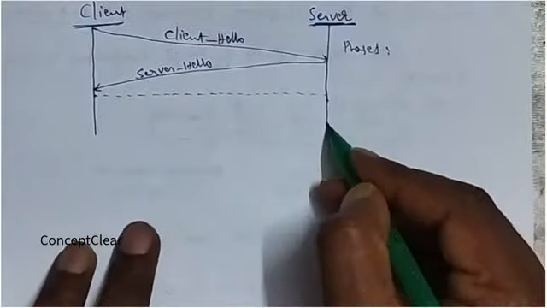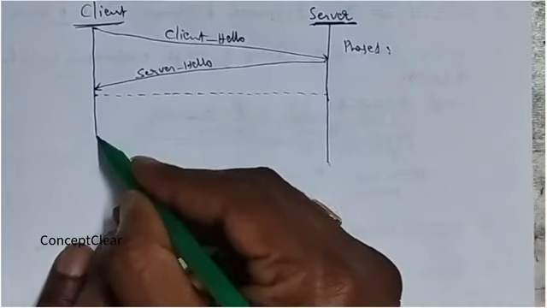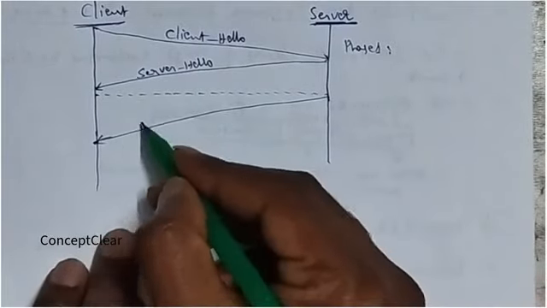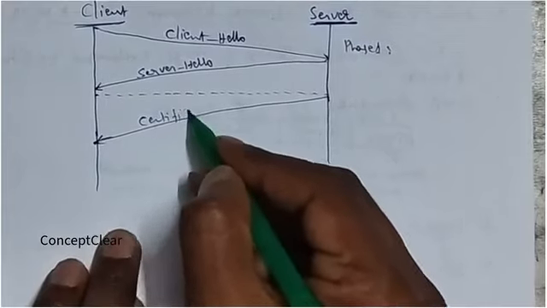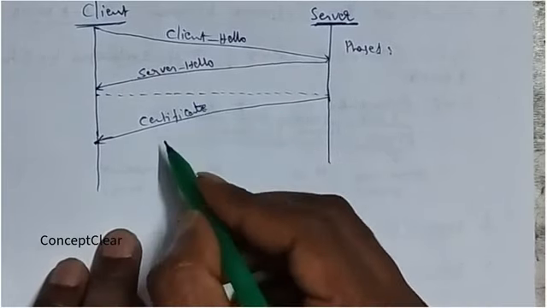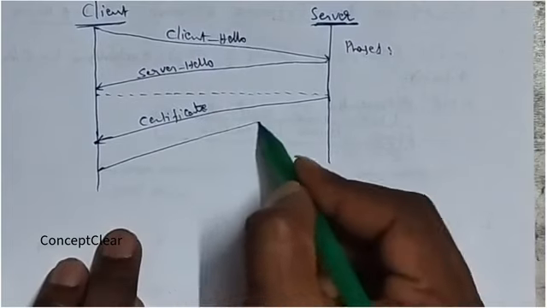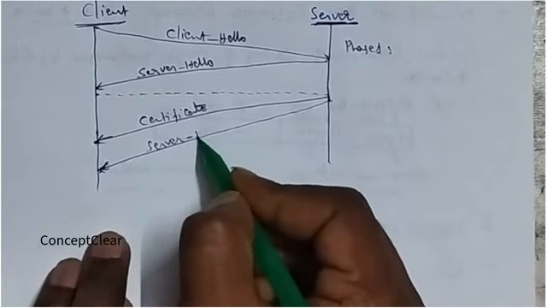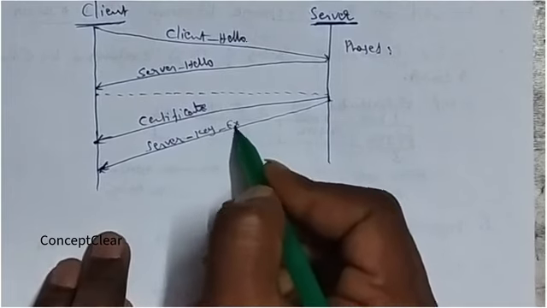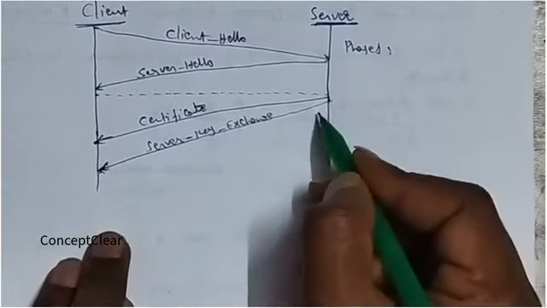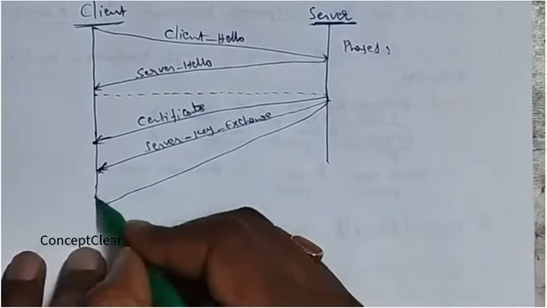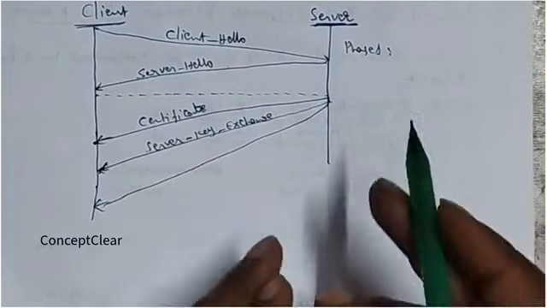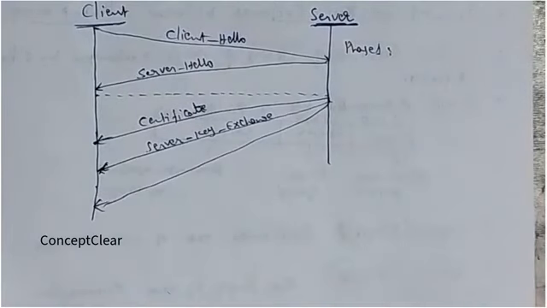And in the second phase, the server will send a message like certificate. He will send a certificate, and also he will send server key exchange, and also a request for the client certificate. It means what? The server is sending his validation details.